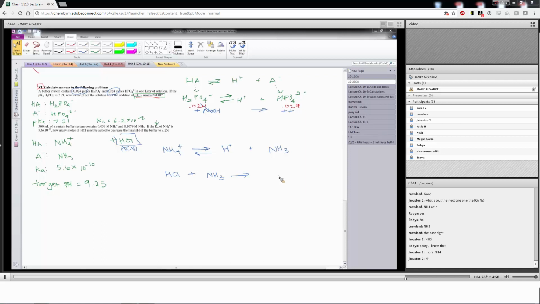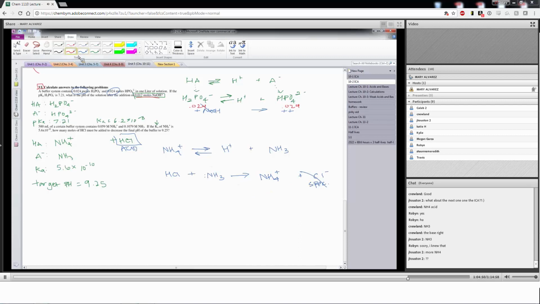That's exactly right. This is my base, a proton acceptor, so it's going to pick up a hydrogen ion. The NH4 plus is my acid because it's donating a hydrogen ion. So I'm going to end up with more NH4 plus, and Cl minus, but we don't care about the chloride. It's a spectator. Does nothing for me, so I'm not even going to worry about it.